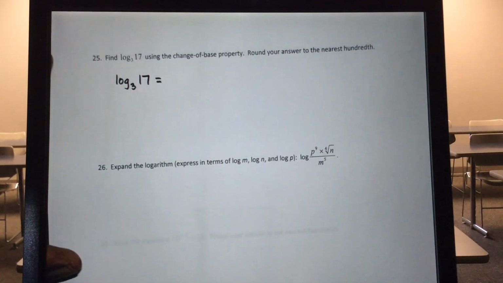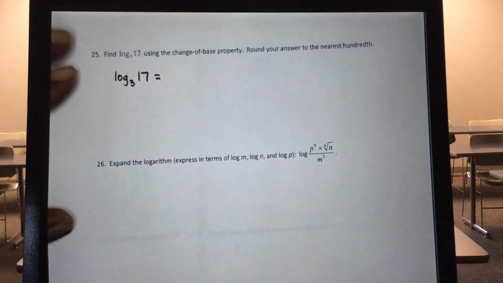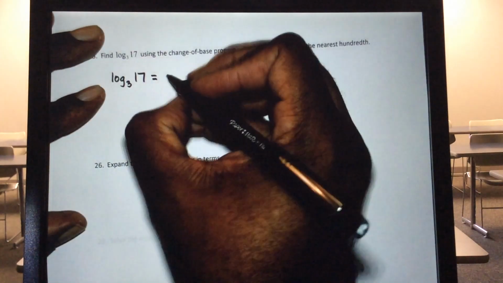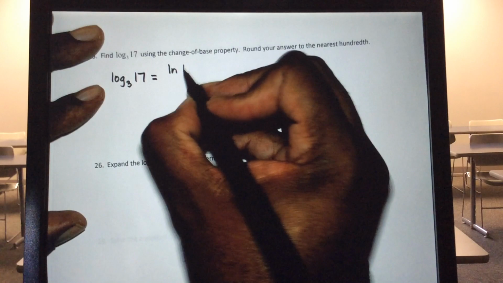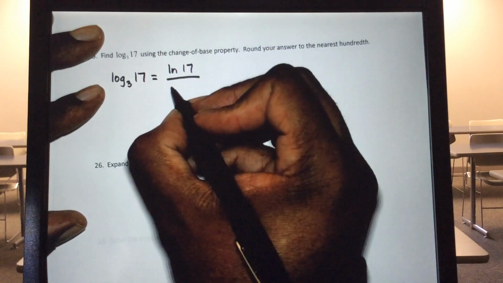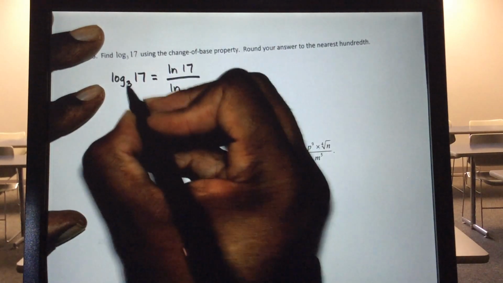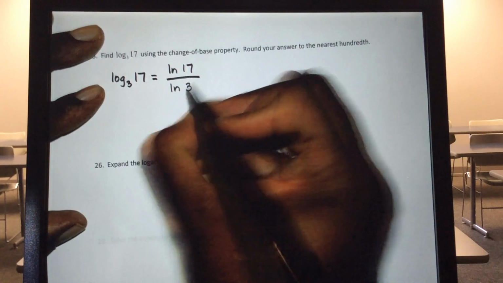So in this case here, when we use the change of base property, we can use either common logarithms or natural logarithms. Here I'm going to use natural logarithms. I'm going to do ln of what I'm taking the log of, 17, divided by the natural log of the subscript, which is 3.